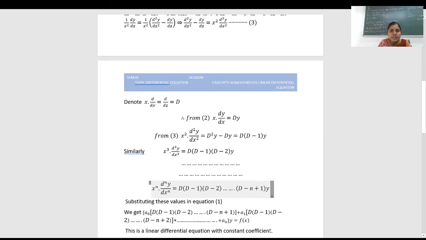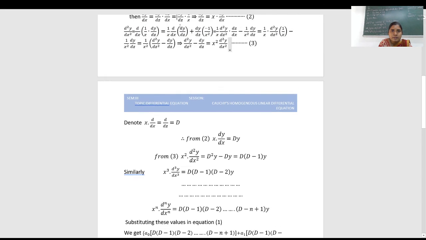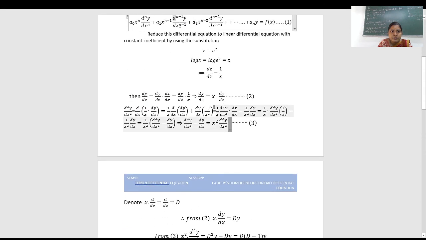Next, substituting these values in equation 1. We have a0 into x^n d^n y/dx^n, the nth term in equation number 1. Substituting this term, a0 as it is, and also the n minus 1 term, the n minus 2 term, and so on up to y.